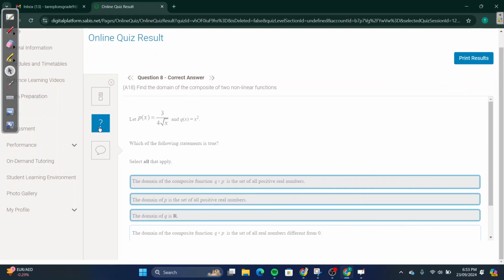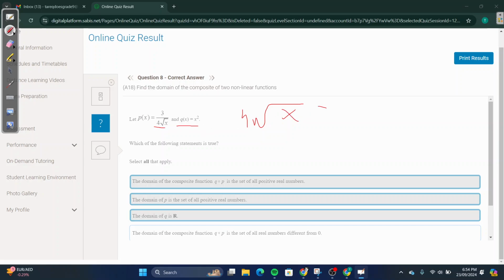Question 8. The domain of the composite function q of p is the set of all positive real numbers. What you want to do here is find the domain. Let's start with q: the domain of q is R, because this is valid for all real numbers. The domain of p is the set of all positive real numbers, because you can't have 4 root x be 0, since it's in the denominator.